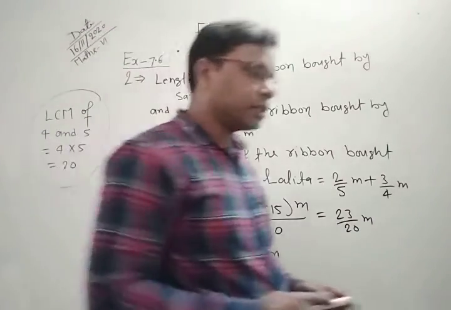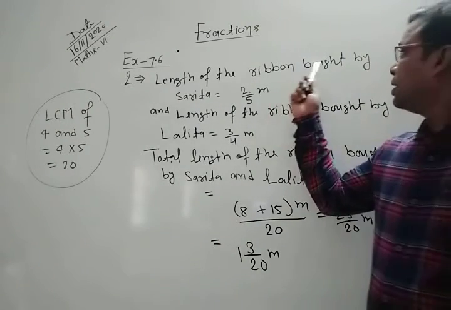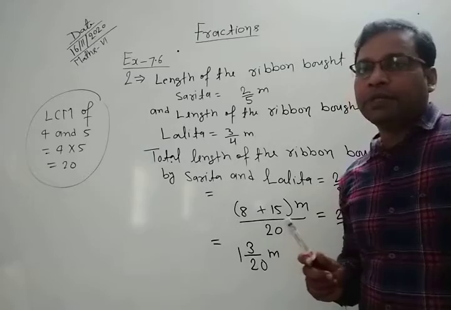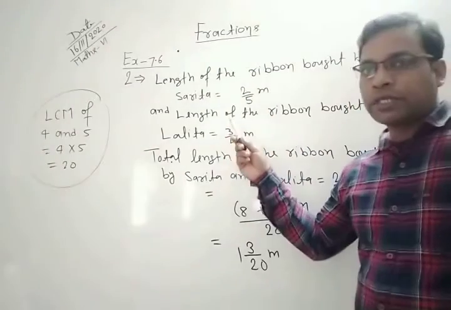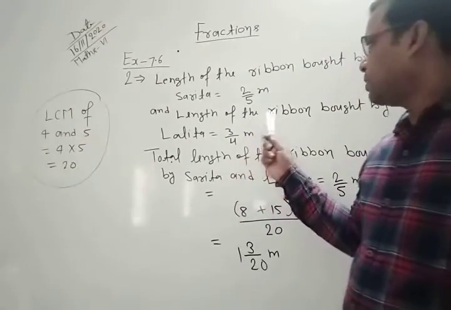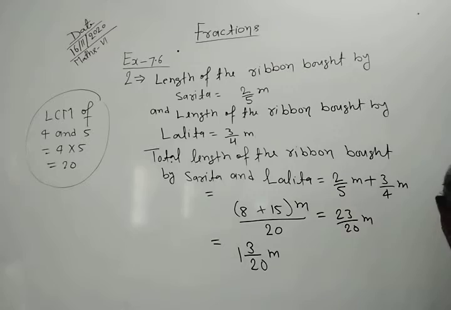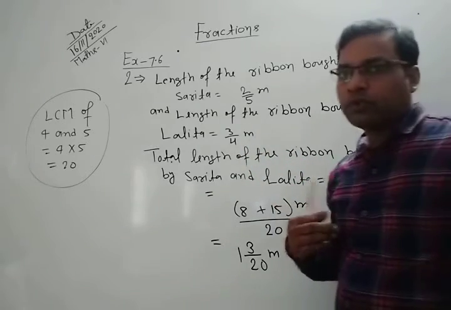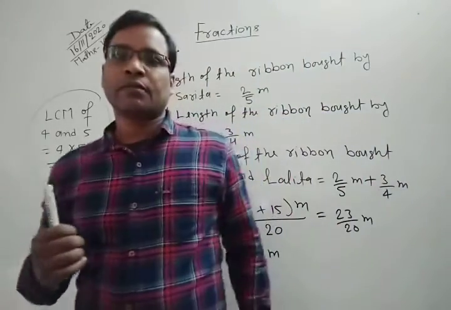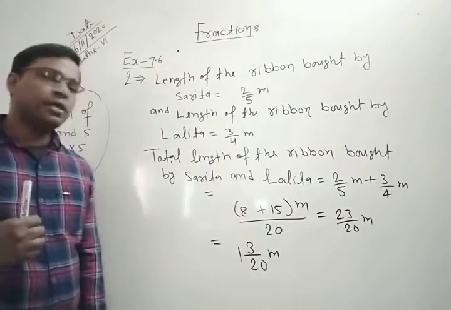The length of the ribbon bought by Sarita is 2 by 5 meter, and the length of the ribbon bought by Lalita is 3 by 4 meters. We have to find the total length of the ribbon they bought.